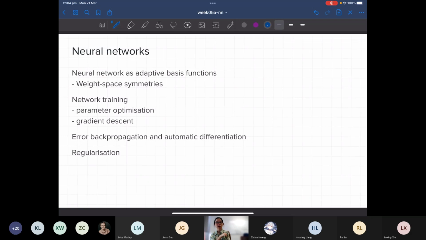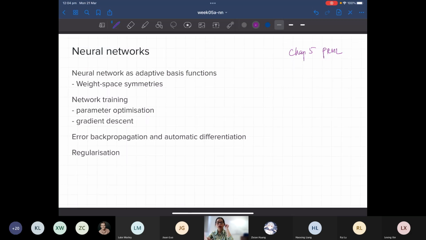And the purpose of talking about this is to essentially build neural networks incrementally from chapters 3 and 4 that we have been learning about. So the content for this is mainly chapter 5 of PRML.